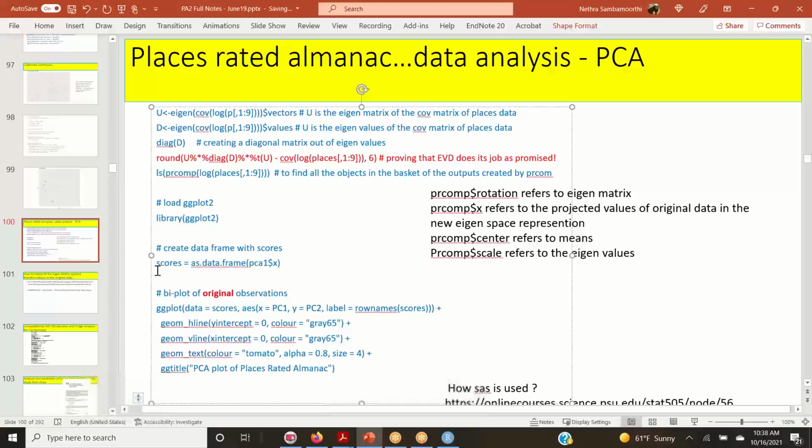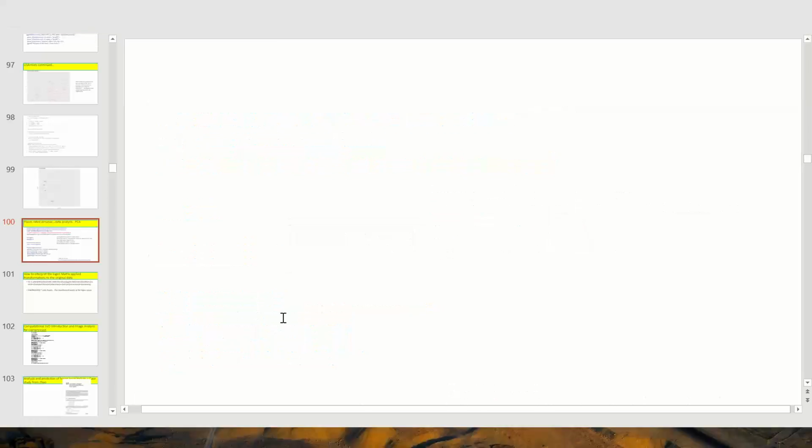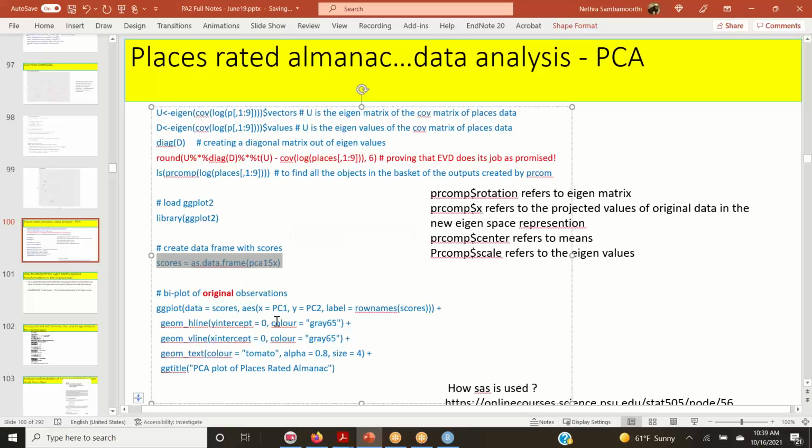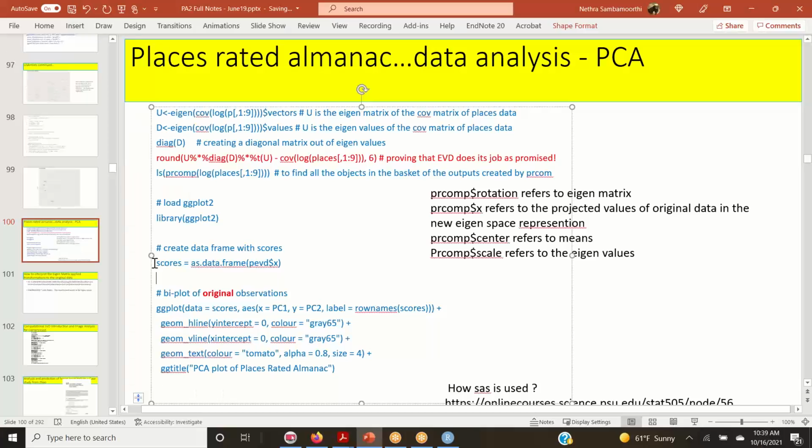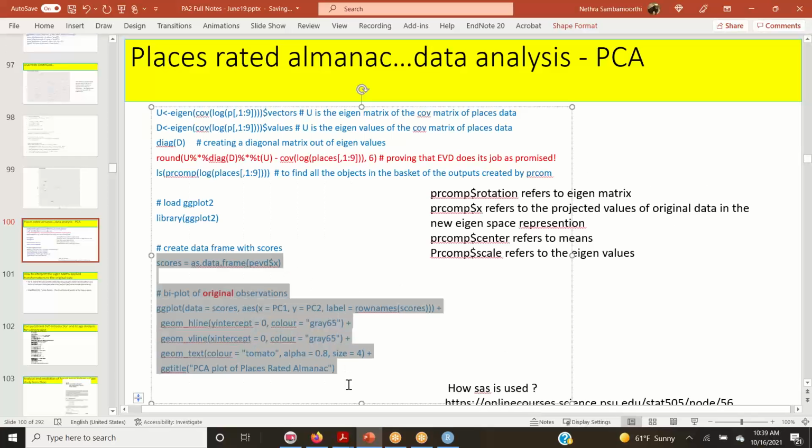So first I'm defining scores as data frame. I can do data frame, or I can do matrix and so on. So this is not PCA1, remember, mine is PEVD, right? So I call it scores because it's better that way. And then we will plot this.